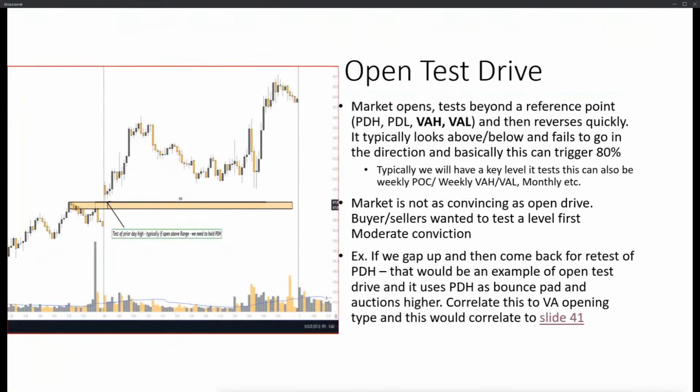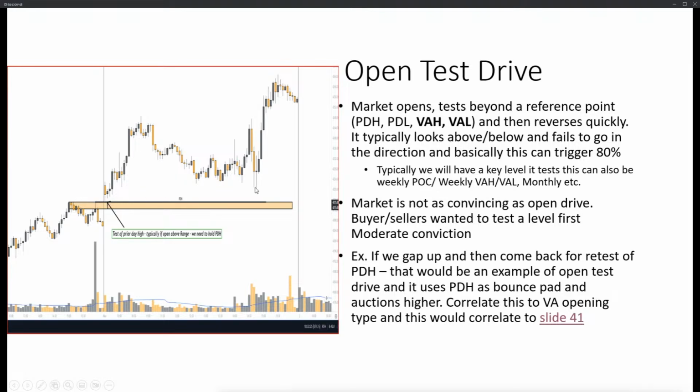Magic, right? So now you see they came back here, and did they ever break it below? No. They auctioned higher, they came back. Your chances for an entry here, you have a lot, right? If you were to draw a volume profile from here to here, I guarantee your POC would be here. And look, they gave you that.